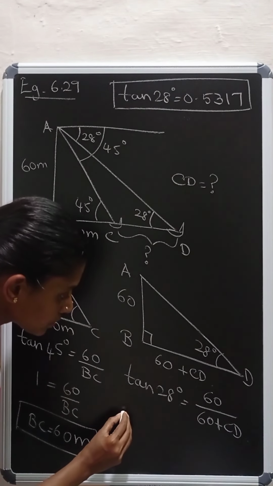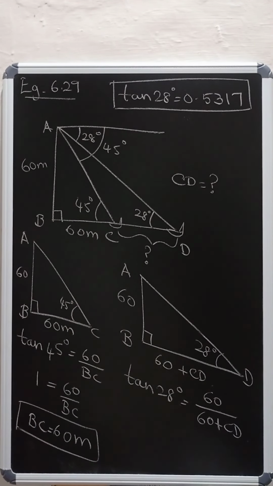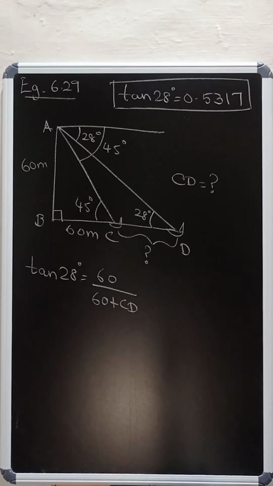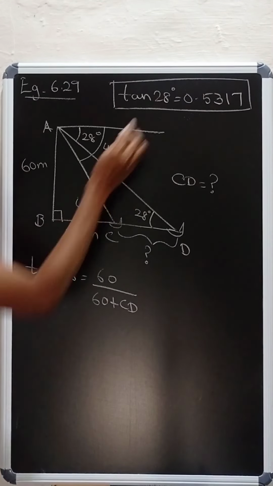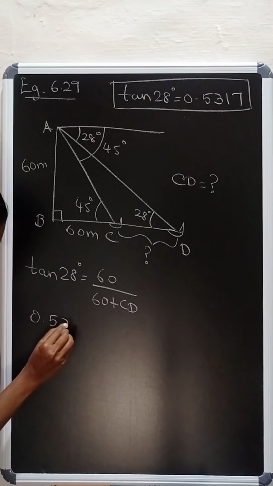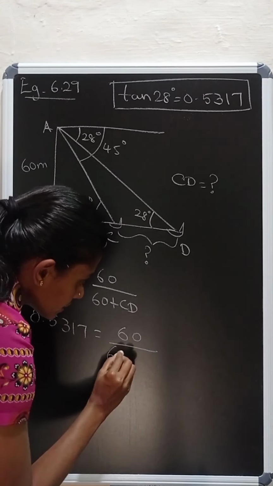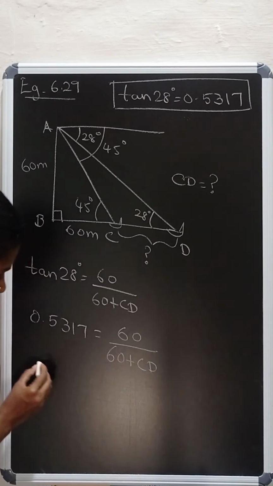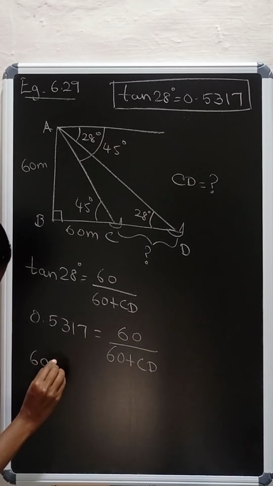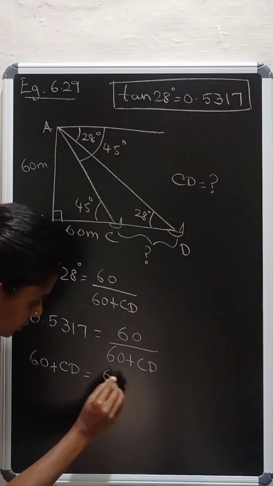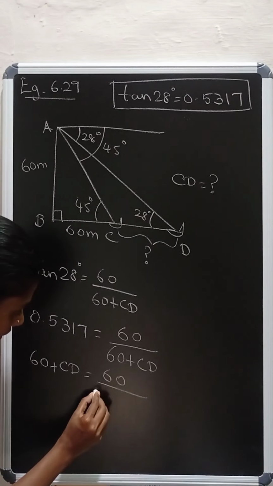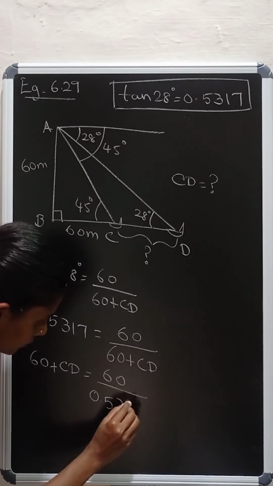Now we'll do the sum here. So tan 28 value 0.5317 is equal to 60 divided by 60 plus CD. Now 60 plus CD is equal to 60 divided by 0.5317.